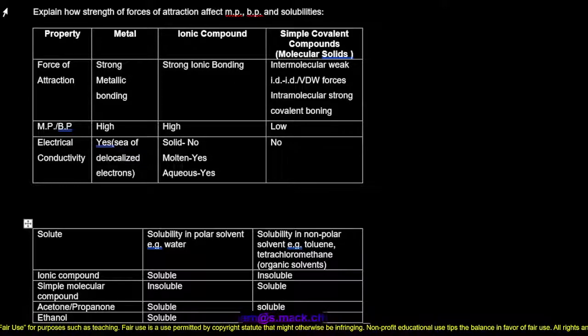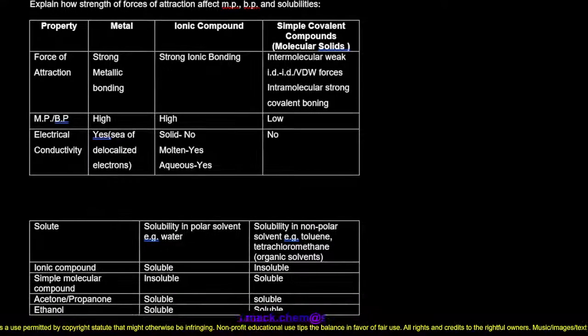And this is my very short explanation of how the strength of forces of attraction affect the melting point, boiling point, and solubilities of certain substances.